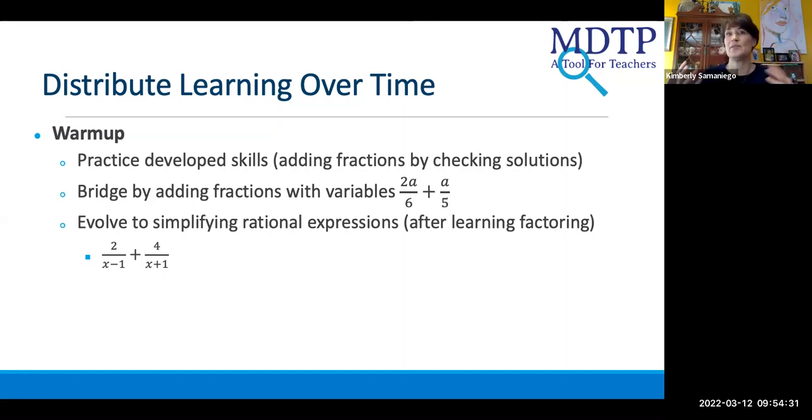I'm getting the concept of a rational expression in there, but being able to reproduce the same skill knowledge to answer the problem. And then evolved, after we did factoring, we evolved to solving rational expressions by adding them together with uncommon denominators. And this is something we would do in a warm-up in breakout groups. It was not part of the lesson, but it was keeping it alive and moving it along, distributing it over time.